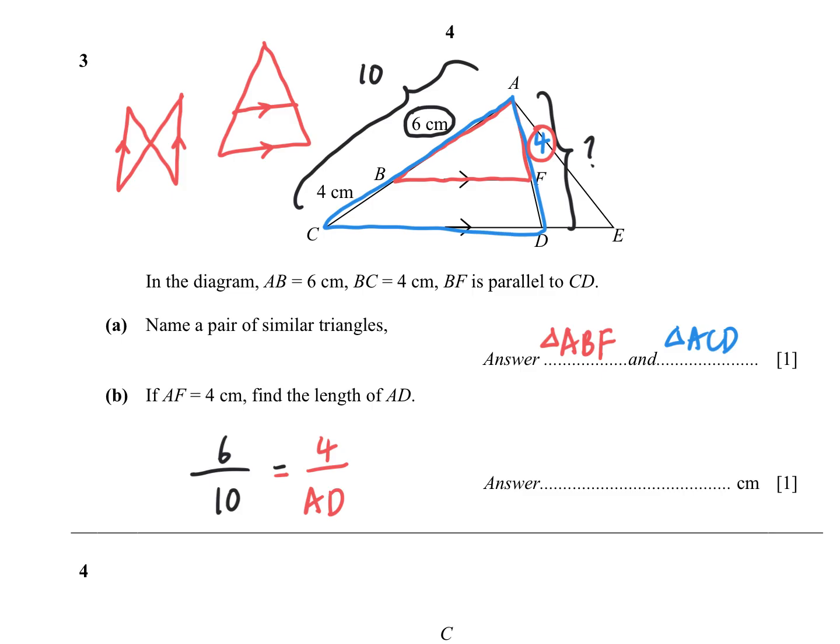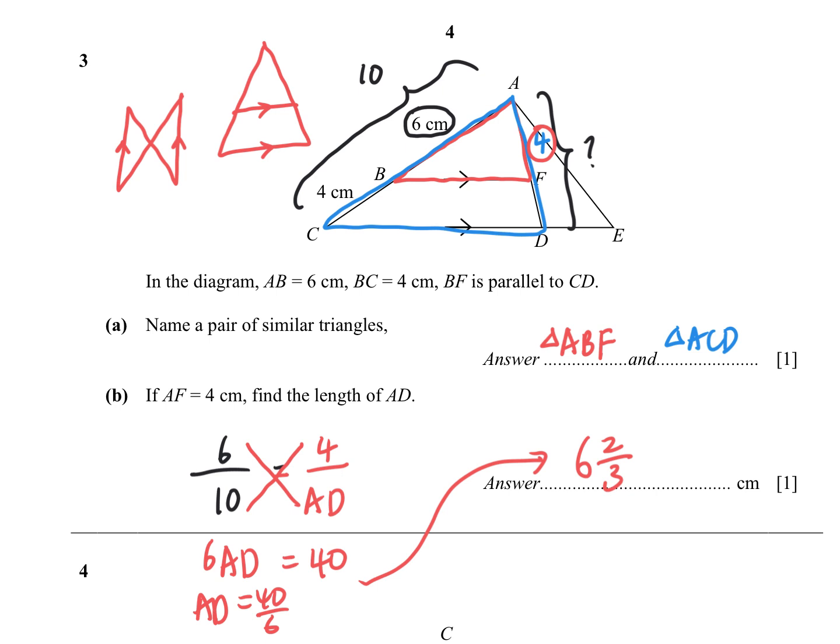So remember, it's always the small triangle, the red one to the blue one is 6:10. So the other side must also give you 6:10. So you cross multiply. So AD is just 40 divided by 6, which gives you what? 6 and 2/3 cm, or 6.6 with a dot on top, or 6.67.